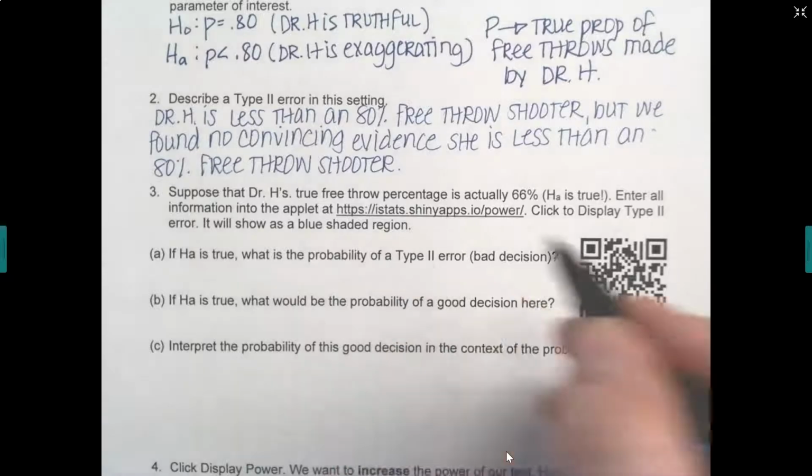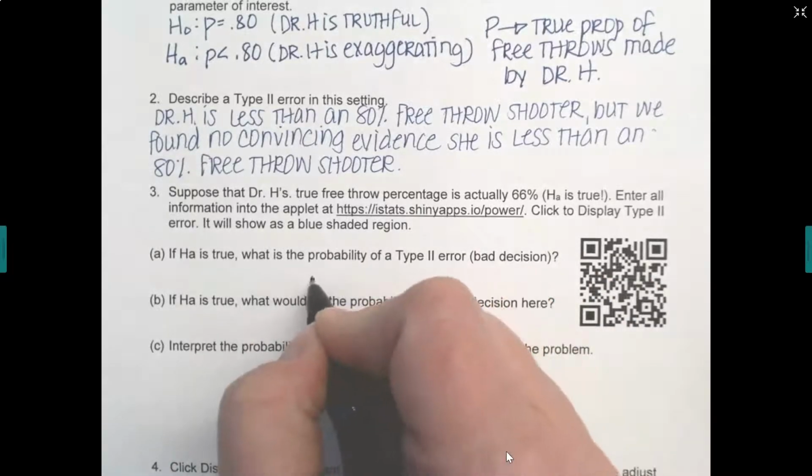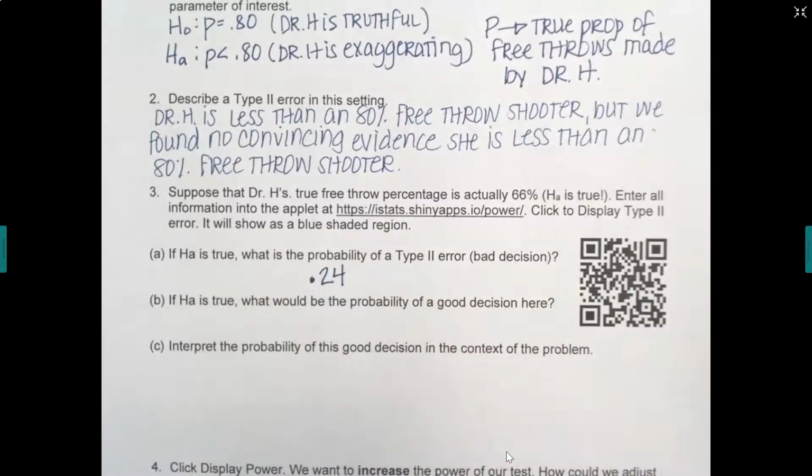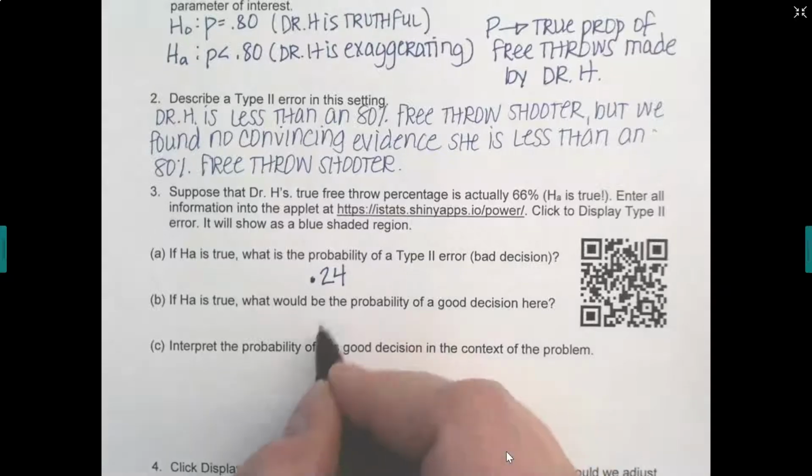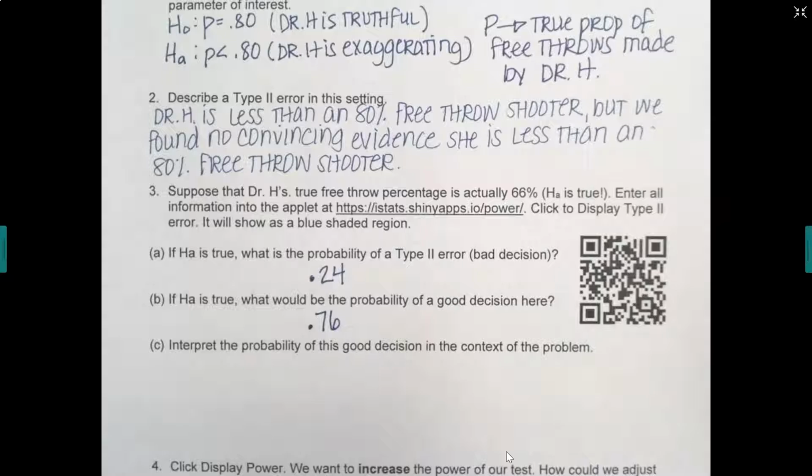They said the probability of a type 2 error was 0.24. And if the alternative is true, what would be the probability of a good decision? That's our power number, so that's going to be 0.76.